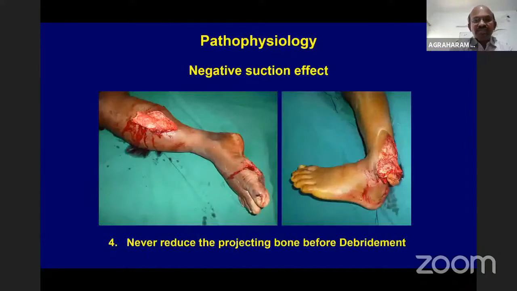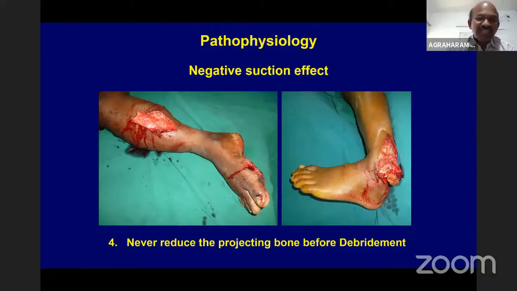Why we should not reduce in the casualty is this: whenever the injury happens, like the person is traveling in a moving object and another moving vehicle hits the limb, the kinetic energy of the moving object is transferred to the limb the moment it touches the body. The limb absorbs the energy, not only in the bone but also in the tissues.